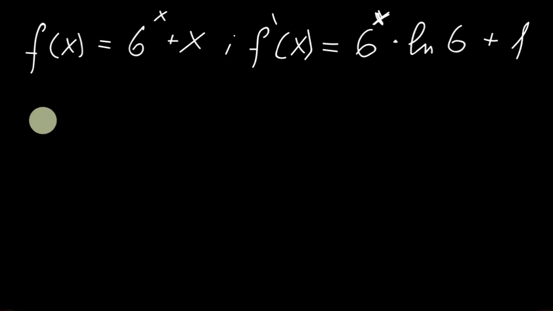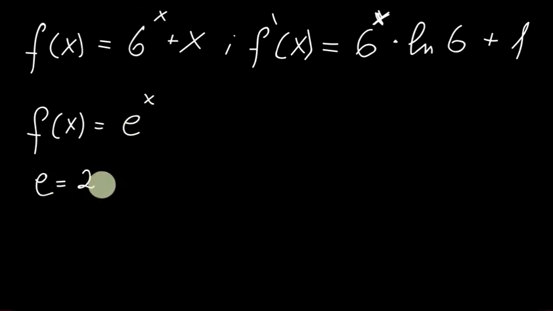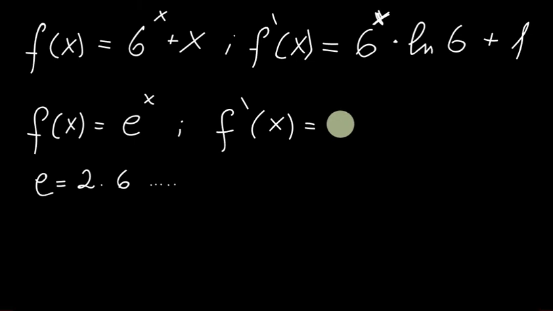Also, an interesting thing. So if we have a function f of x equals e to the power of x, where e is 2.6 and so on, then a derivative of this function will be e to the power of x. Now, why is that?